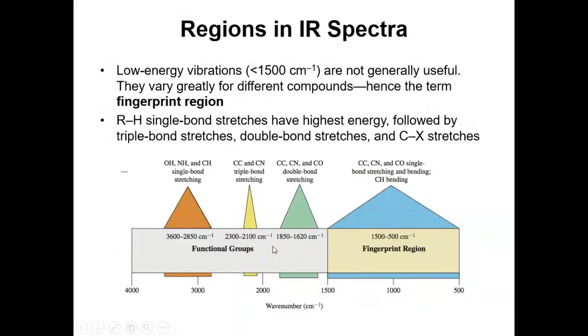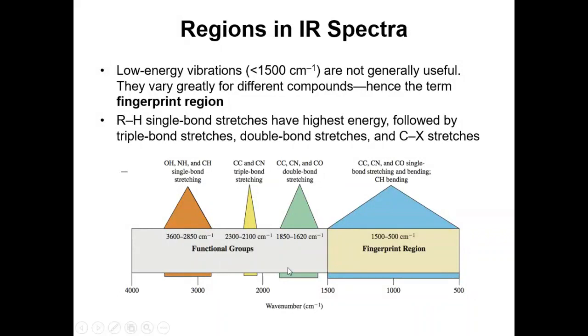The infrared photons usually used for spectroscopy analysis start from about 4,000 reciprocal centimeter and end around 500 reciprocal centimeter. We call those mid-infrared photons. This is the most commonly used type of infrared photon.